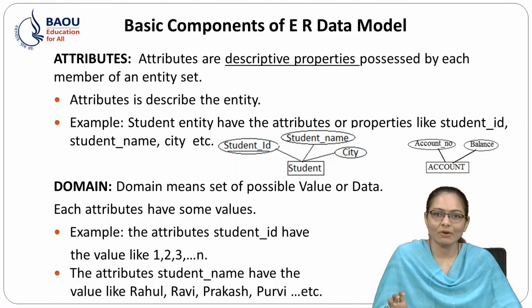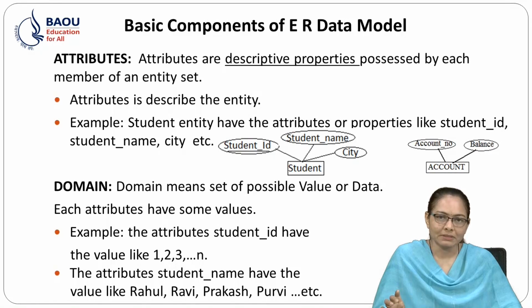Domain is a set of possible values or data of the attributes. Each attribute has some values. For example, the attribute student ID or roll number has the values 1, 2, 3 up to n. Same as the attribute name or column name, student name has values like Rahul, Ravi, Prakash, Purvi, etc.